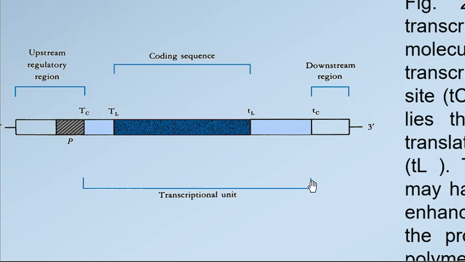Other sequences involved in the control of gene expression may be present either upstream or downstream from the gene itself. Here is the downstream, and here is the upstream, and here is the downstream genes.